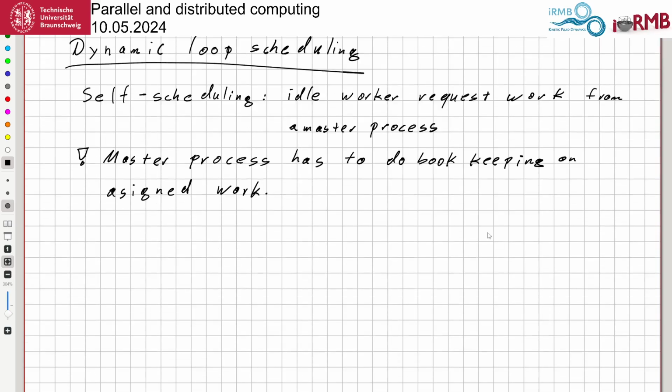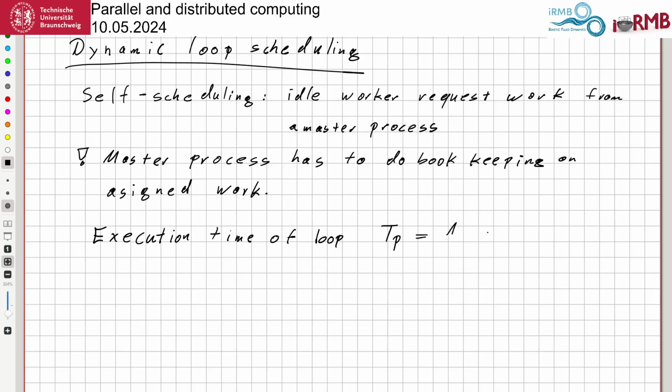So what does this mean for the execution time of such work? Say we have a parallel execution time TP.